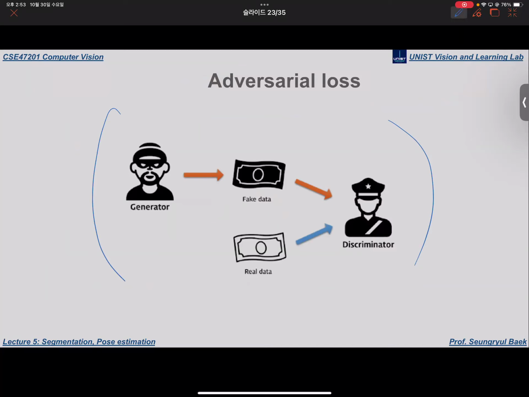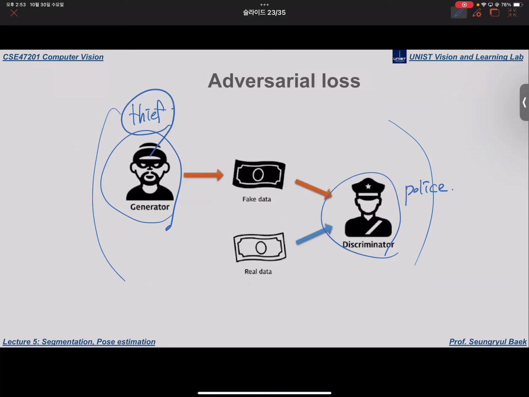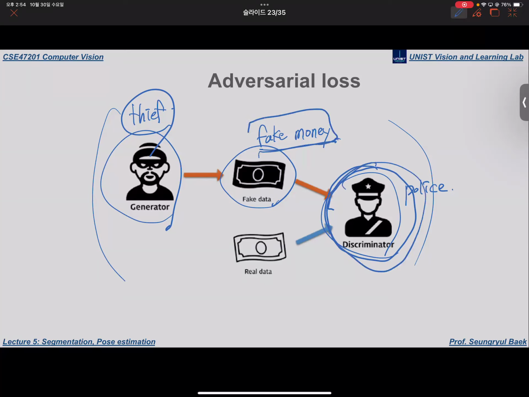So this is the thief, and this is the police. The thief tries to make some fake money, and he wants to deceive the police into regarding this fake money as real money. That's actually the loss we will use.